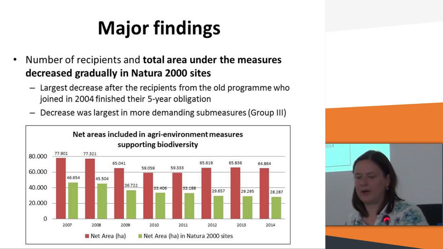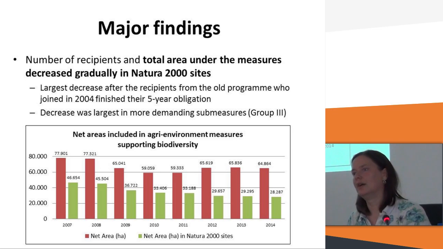So far, we found that the areas under these measures decreased gradually, mostly after the end of the 5-year periods. And the decrease was actually the largest in more demanding submeasures, so this group 3, just because there were a lot of obligations and not so much money.